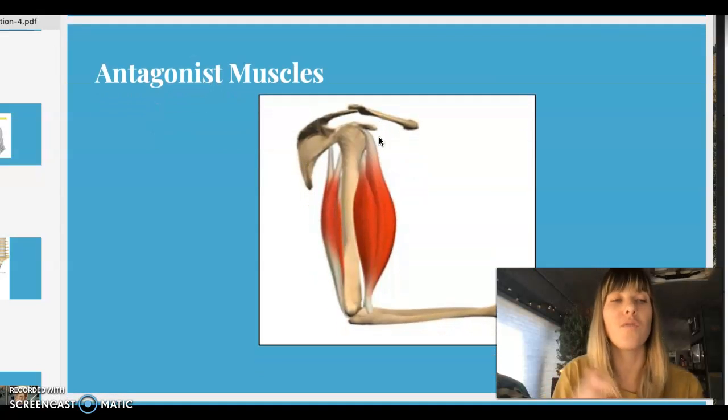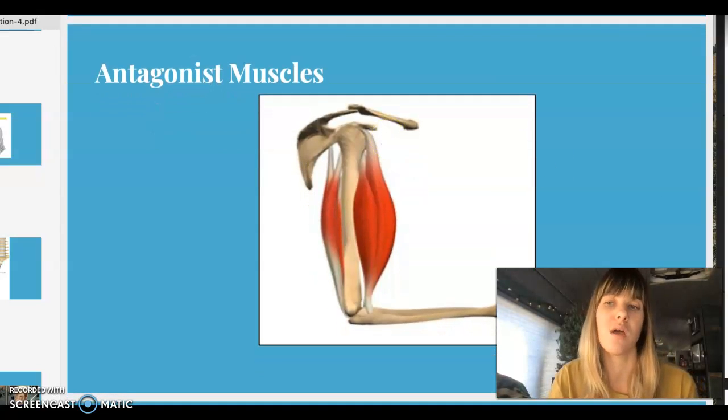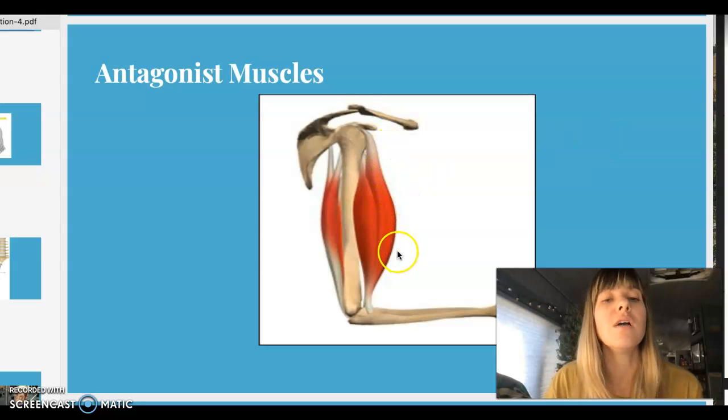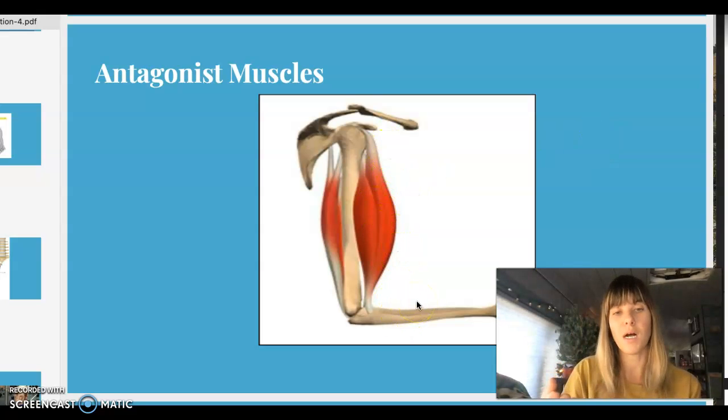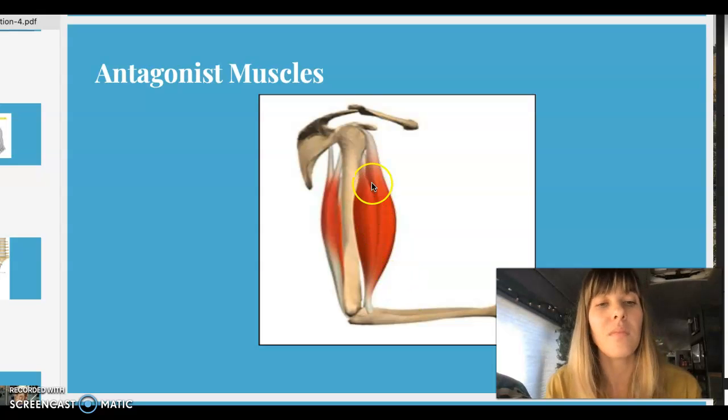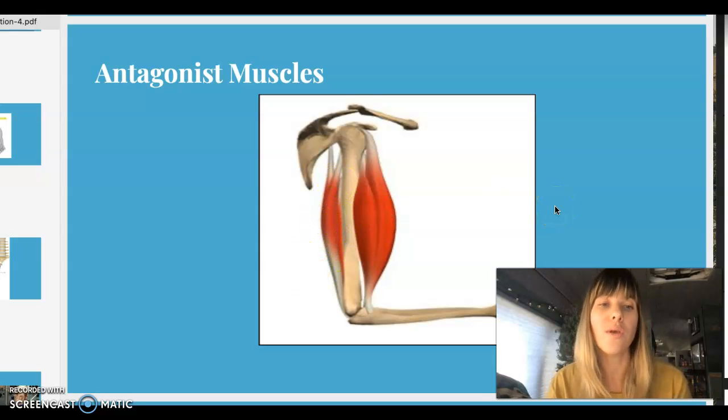And to go further into the antagonist muscles, they produce an opposing joint torque to the agonist muscles. So we see here that the bicep is going to be contracted when we lift our forearm up, or let's say we do a bicep curl with a free dumbbell weight. The bicep is going to be contracted while the tricep is going to be relaxed. This torque can aid in controlling the motion, and the opposing torque can slow movement down, especially in the case of a ballistic movement.